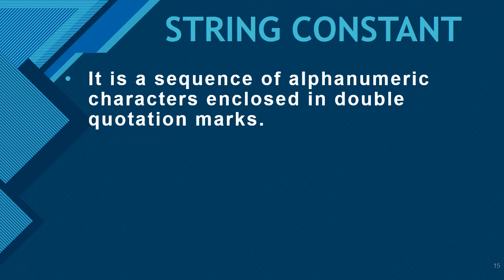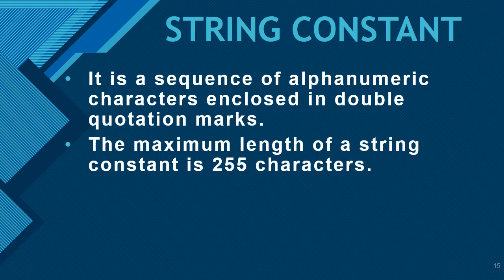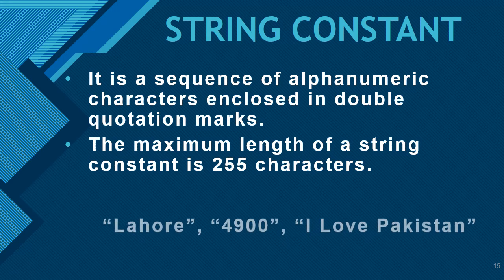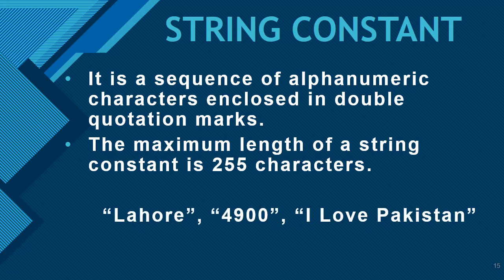Alphanumeric means combination of alphabets and numbers enclosed in double quotation marks. The maximum length of a string constant is 255 characters. For example, Lahore 4900, I love Pakistan. All these are strings written in the double quotes.